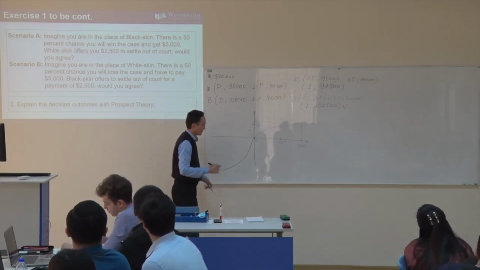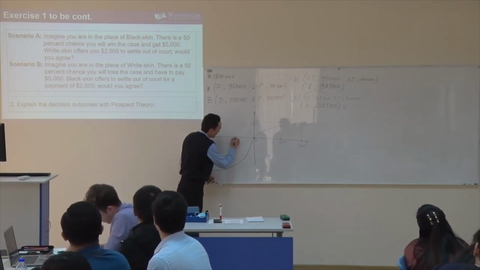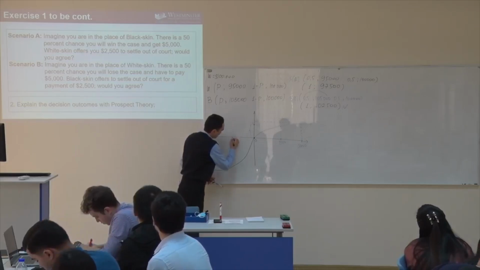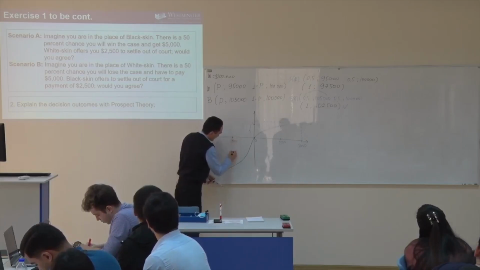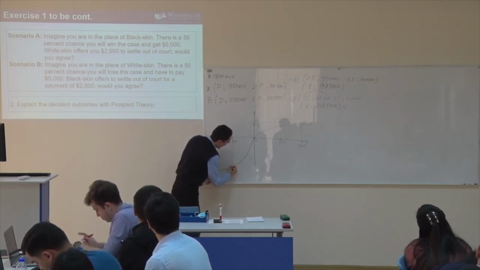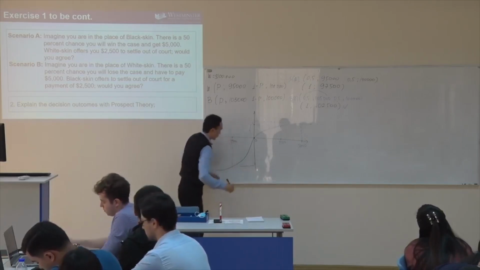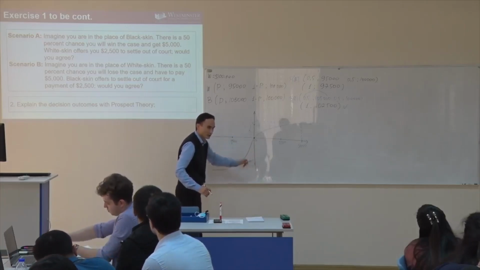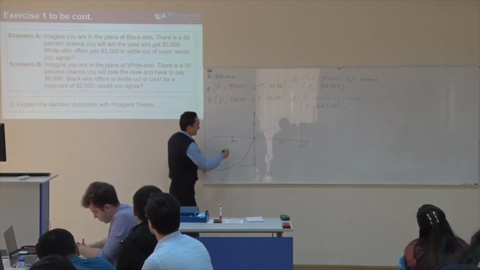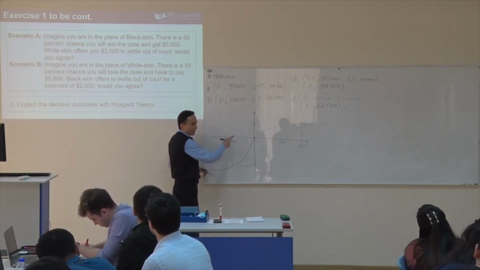Convex, it looks like this one. So look, now 2,500 here, you can see from here, it causes very large disutility. Okay? Very large disutility.